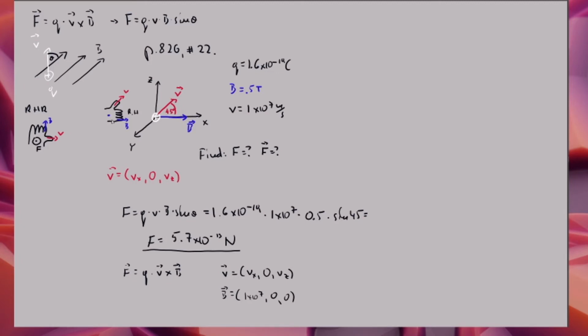So if this is the palm of the right hand, wait, actually, the force would be into the page in that case, right? Hold your right hand, the magnetic field points to the right, V points where it does. The force is out of the palm of your hand. It'd be a little tricky to draw.